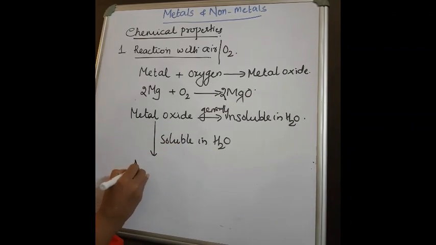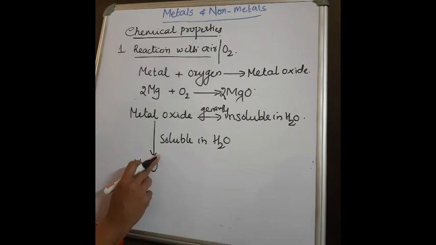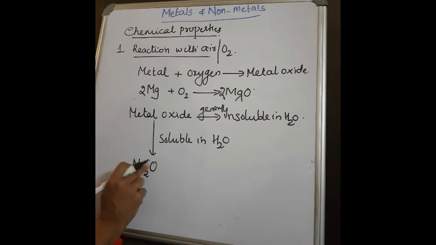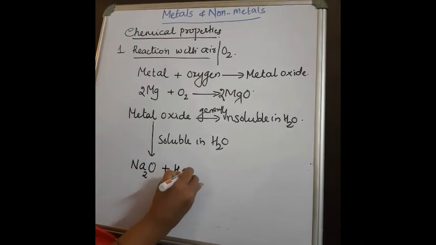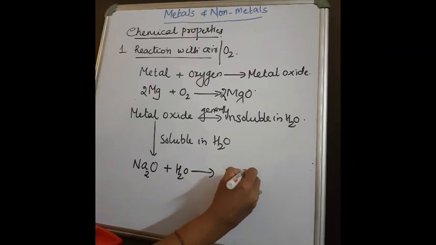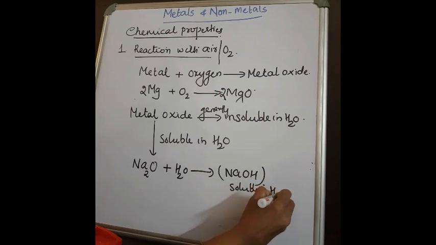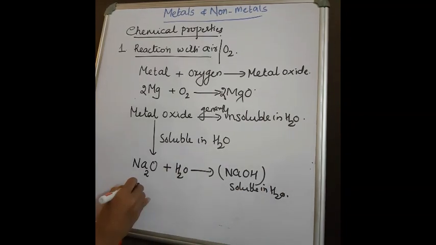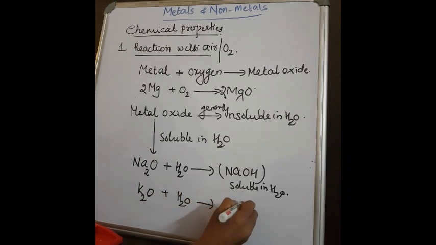For example, sodium oxide, Na2O. You know the valency: oxygen 2, sodium 1, so cross multiply and you get Na2O, as in 9th standard. Plus water will give you the corresponding NaOH. So, this is very well soluble in water. Likewise, potassium oxide and water will give you KOH.